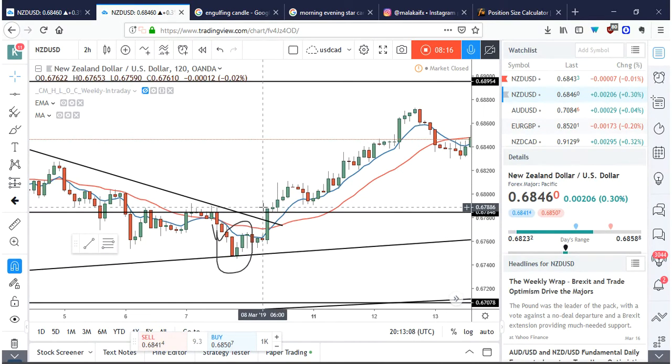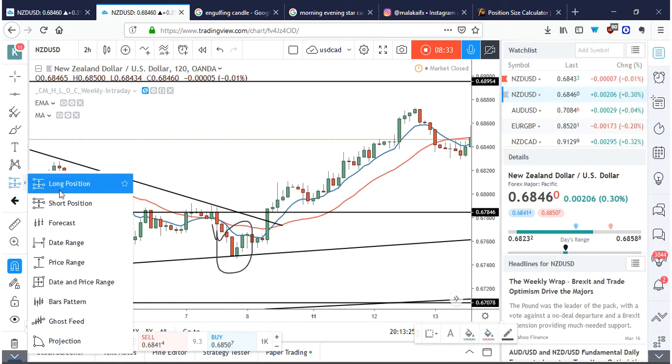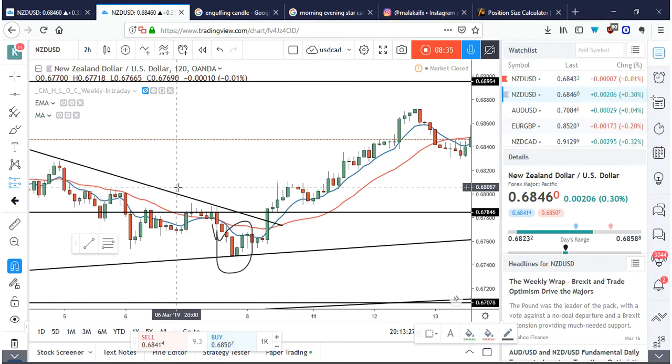Otherwise, the risk to reward won't be too great. Then you would enter. So this green one closed above the body of the higher high and the counter trend line. You got your price action, your moving averages, and this is when you would enter. So we're going for a long position.